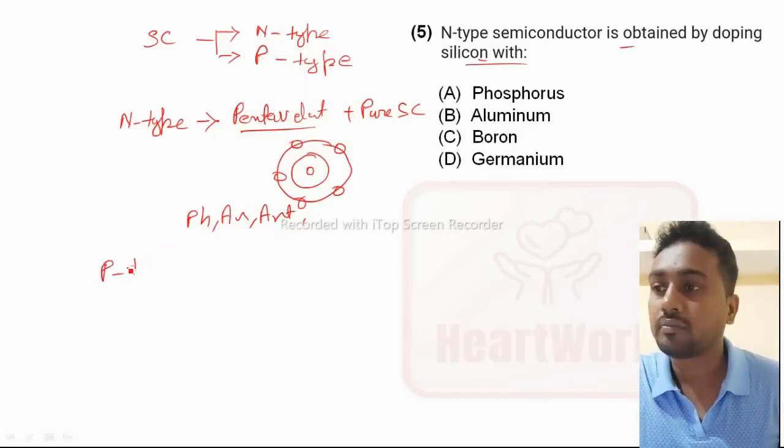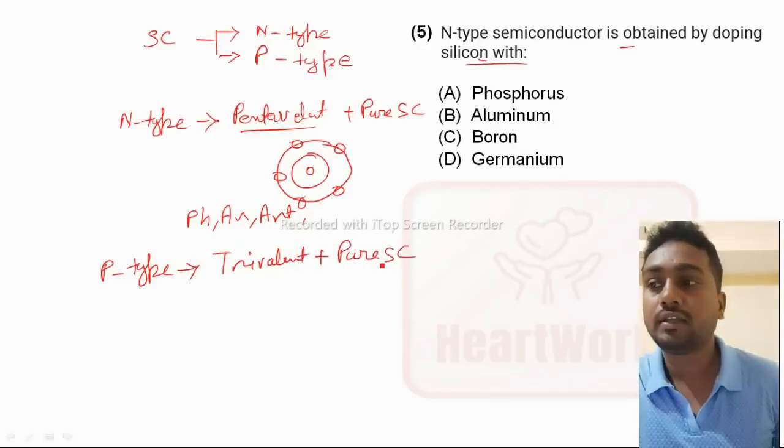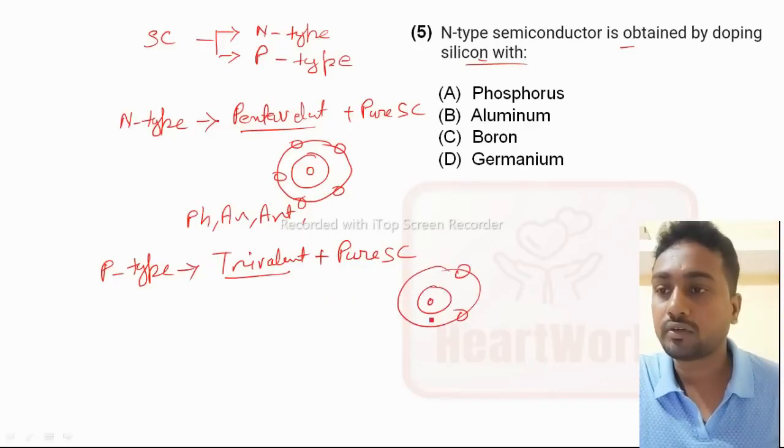Same for P-type. What is P-type? In P-type, trivalent impurities are doped with a pure semiconductor, then P-type semiconductor is formed. And trivalent means in the element there will be 3 electrons present.